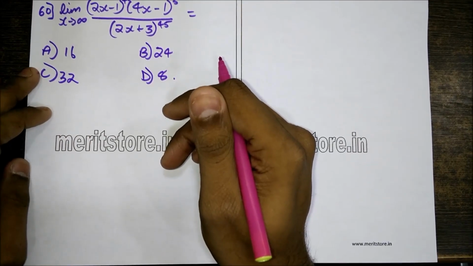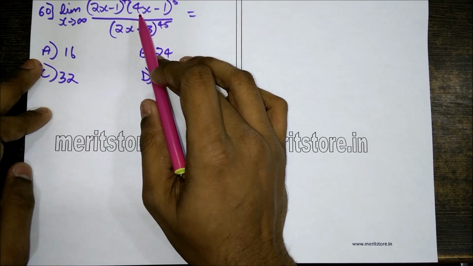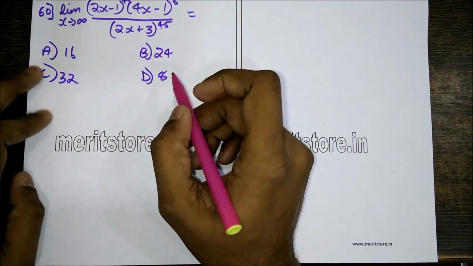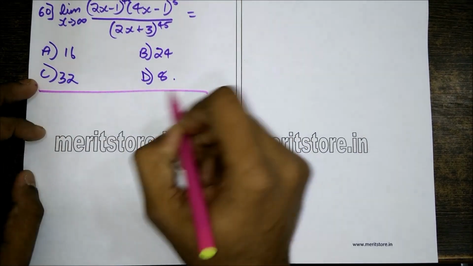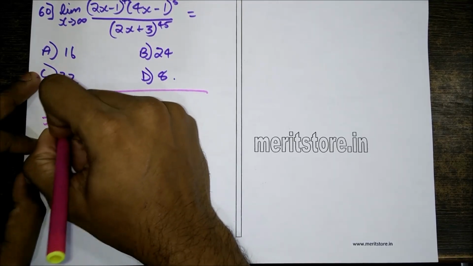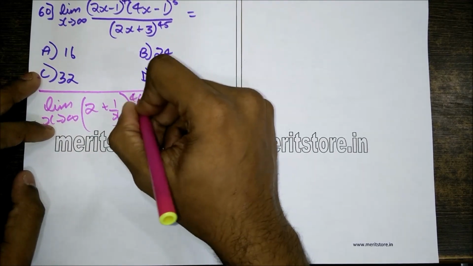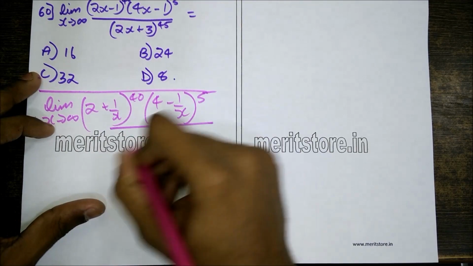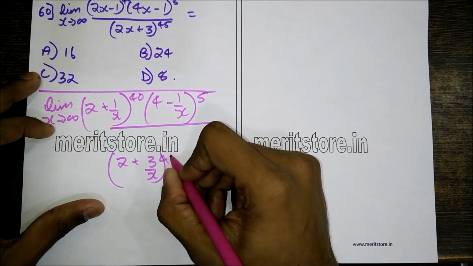Limit of x tends to infinity of 2x minus 1 raised to 40 into 4x minus 1 raised to 5 upon 2x plus 3 raised to 45 equals a) 16, b) 24, c) 32, and d) 8. So therefore we could write this as limit of x tends to infinity of 2 raised to 40 into 1 minus 1 by x, into 4 minus 1 by x raised to 5, upon 2 plus 3 by x raised to 45.